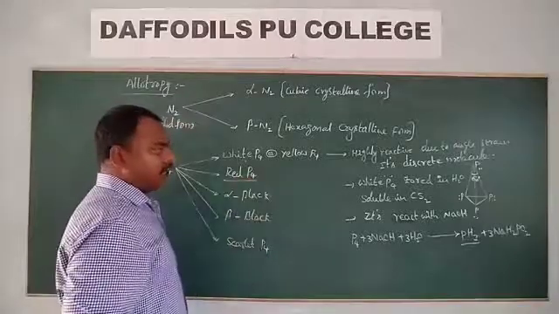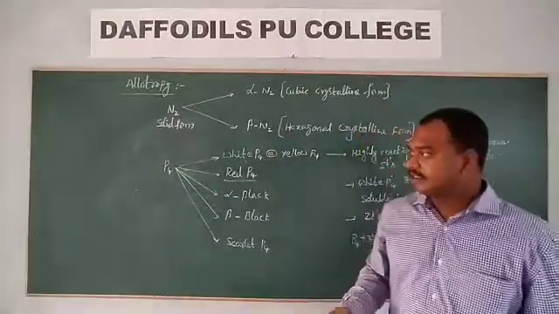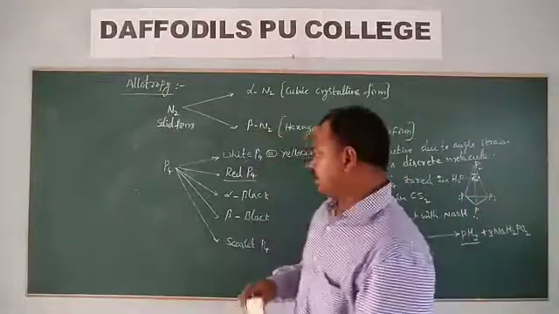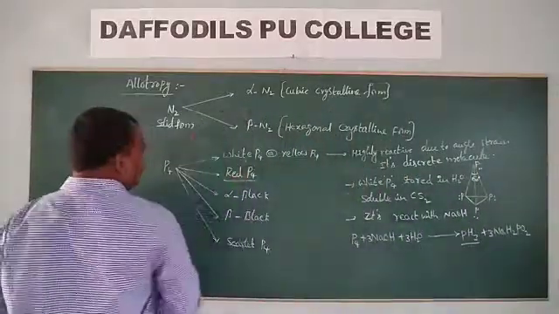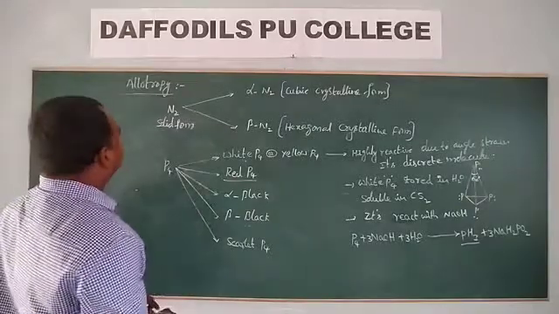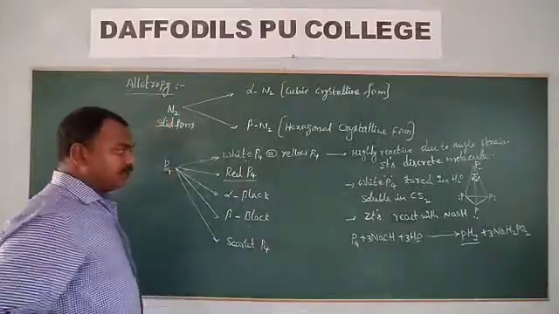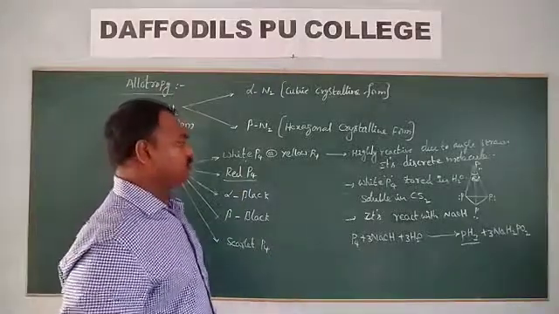Next, what about red phosphorus? All these things we already discussed in the allotropic forms of these elements at the beginning of this chapter. Red phosphorus has a polymeric structure.